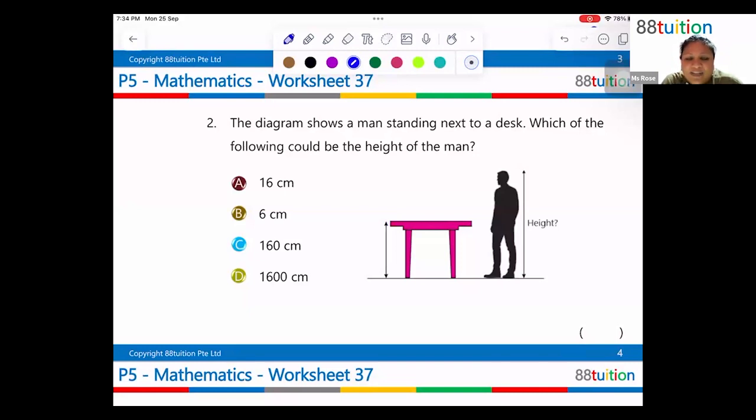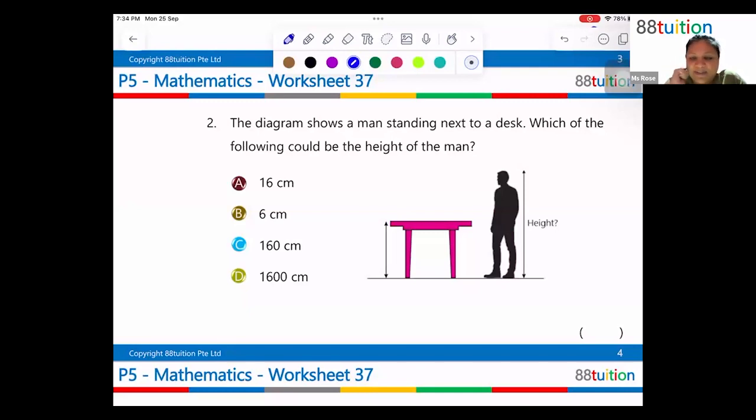So maybe a bit short. Now, in class, if you know that it is about your waist height, most of you on average, your height would be about 1.5, is it? About between 1.4 to 1.5 or 1.6, right? Oh, you're 1.4. Wow, Joanne is so tall.